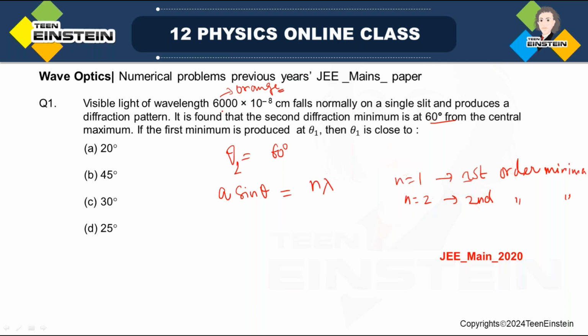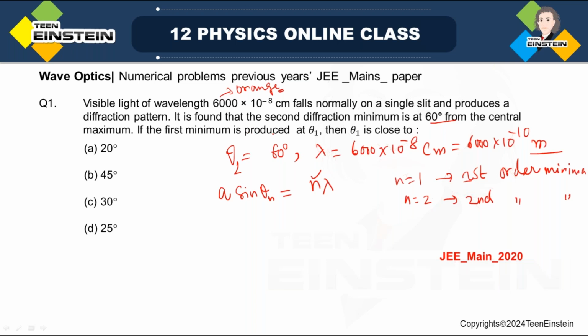So in the given problem, what information is given? Theta 2 is given, lambda is given as 6000 angstrom, which we can write as 10 to the minus 10 meter. So lambda and theta 2 are given. If I want to find the angle theta, I need the order.